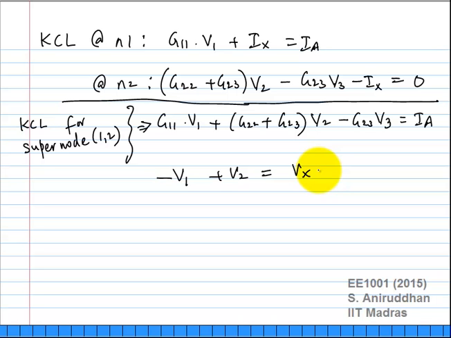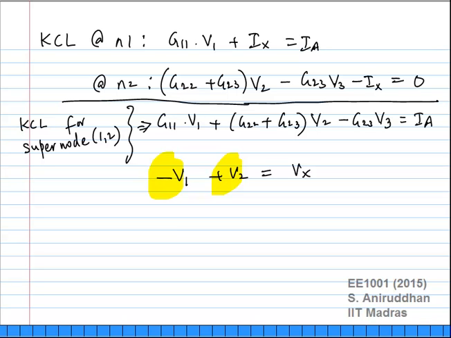Now all you have to do, if you want to build the matrix, is build the super node. For all the original nodes you would write the conductance matrix, the voltage variables, everything as such, and the independent current sources. You will also have one extra equation which will go into the matrix, which will not have conductance values. In this case it only has some constants, minus 1 and plus 1.